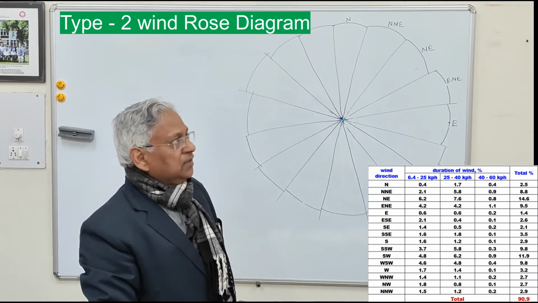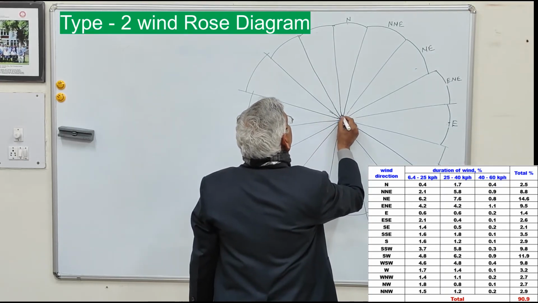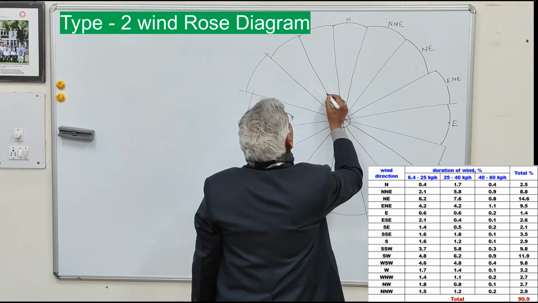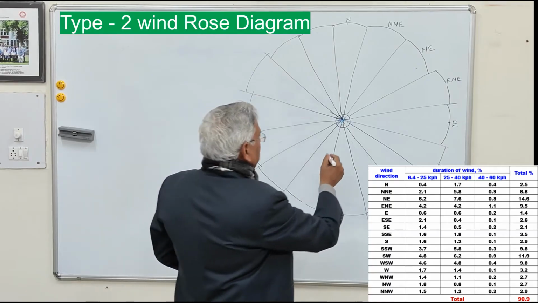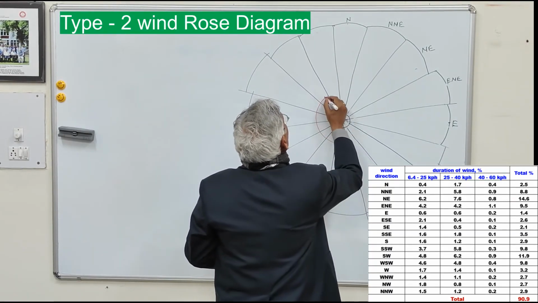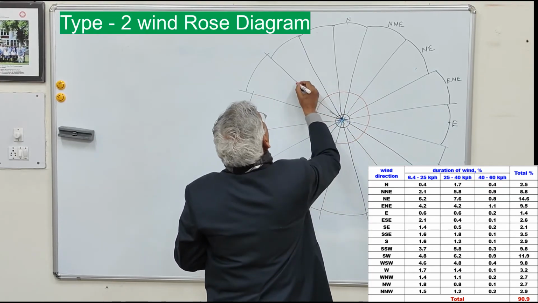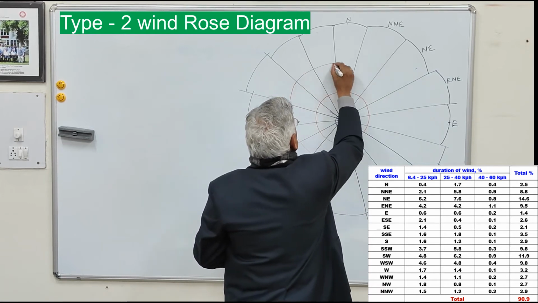Now, these are not radial lines but radial cones, which represent the direction. And you draw circles here to represent the wind speed. Let us say the inner one is 6.4, then next is 25. So you draw a circle here at 25. Next is 40. Draw another circle at 40.